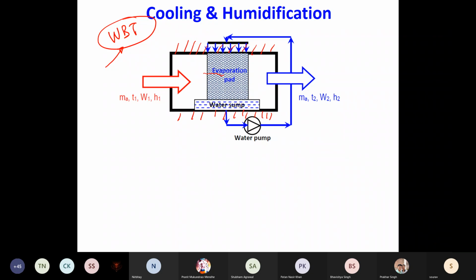So the only way that liquid water can evaporate and become a part of the flowing air is if the incoming air itself cools down and provides the requisite latent heat of vaporization. So then what you have is cooling and humidification. So air leaving this box will be cooled because it has supplied the latent heat of vaporization, but it will be humidified because it has picked up moisture.